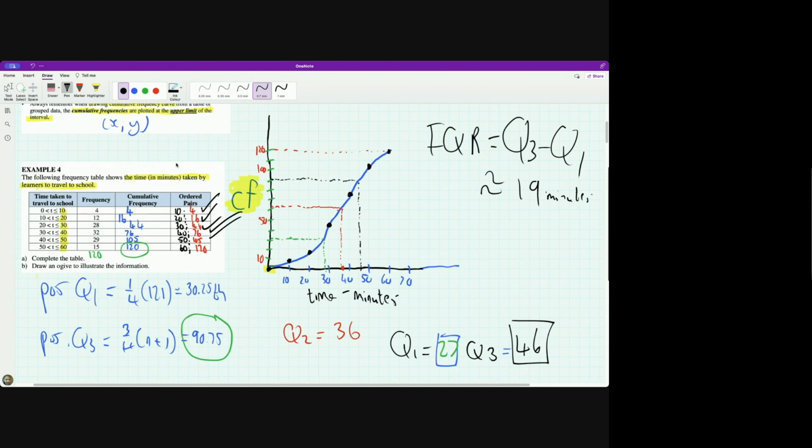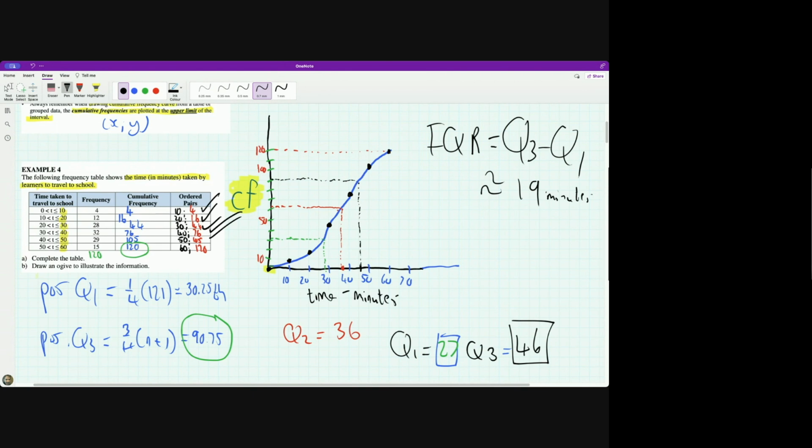So I said to you, how many students in total are there in this group? There are 120. Now, if I said, how many students take longer than 46 minutes? So let's go and find 46. Okay, well, 46 minutes is actually over here. It's the estimate of Q3.